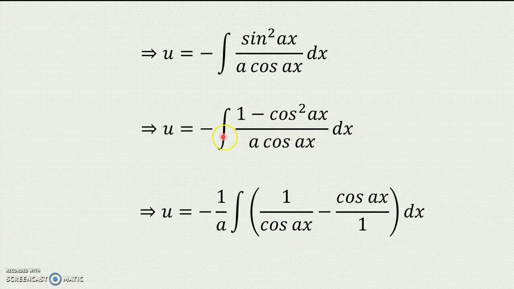After this we separate this term, so we get 1 upon cos x minus cos x upon cos x. One term is cancelled out and only cos of x remains. This a is a constant, so we can easily take it outside the integration. So this is minus 1 upon a.